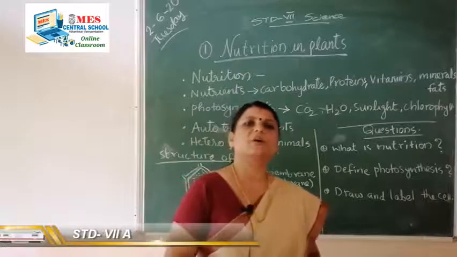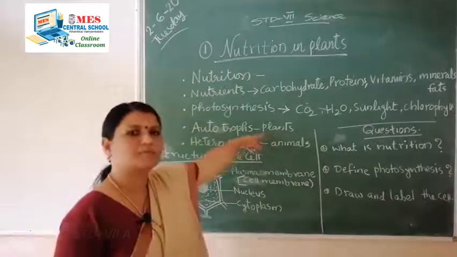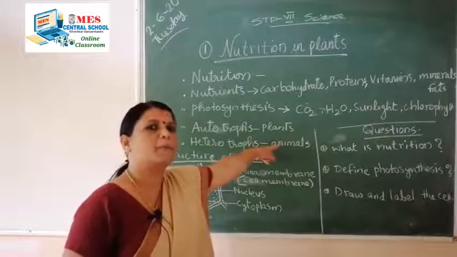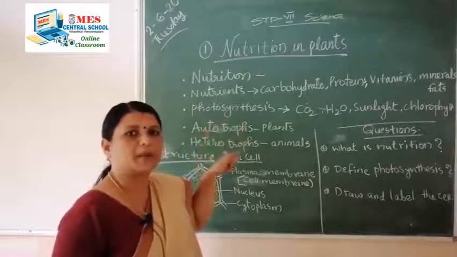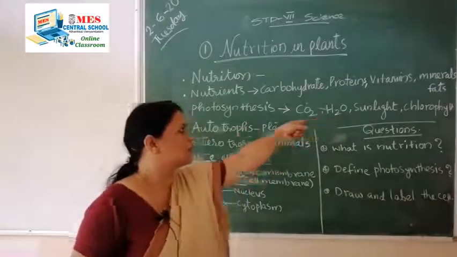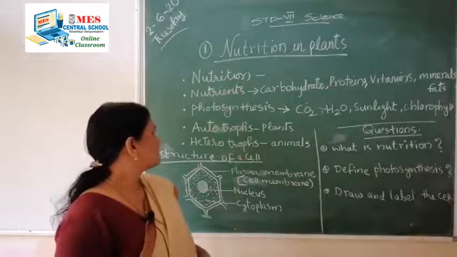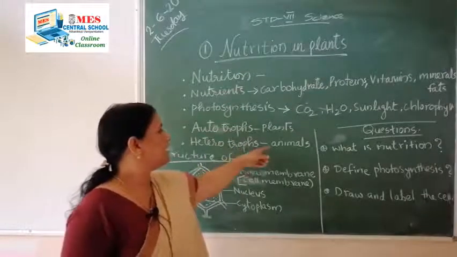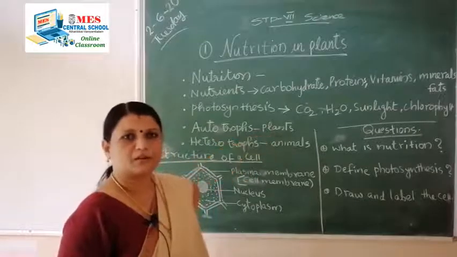That is why we are calling plants autotrophs, because they are preparing their food by themselves with all these kinds of materials. But in the case of animals, animals always depend on plants for their food.